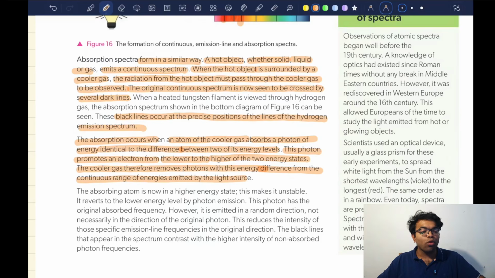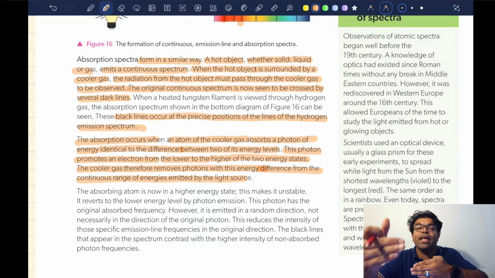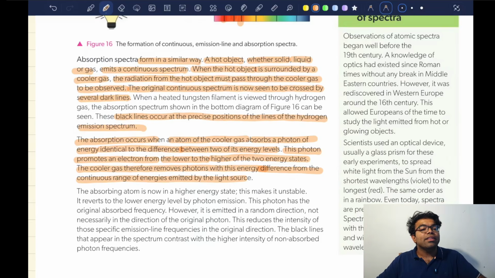Like, for example, when you go to a restaurant, you will only eat till your stomach is full, right? You won't eat till you vomit. You will only eat till your stomach is full, and after that you will leave. Similarly, this hydrogen atom has electrons that will jump from a ground state to a higher excited state, and to go from the ground state to a higher excited state, they require some amount of energy, and that energy is absorbed only from the continuous spectrum.